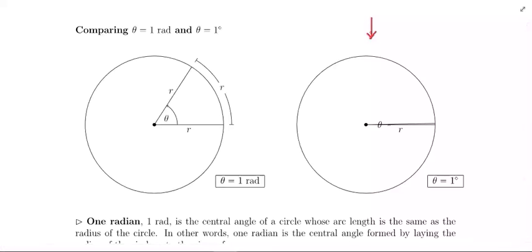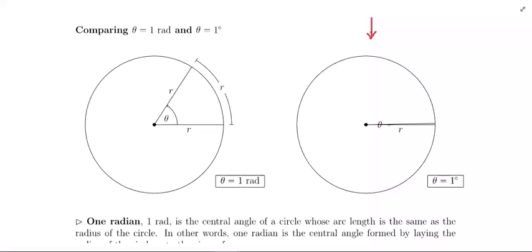No matter what the radius is, the circle is comprised of 360 degrees. If you took the full 360 degrees and divided it up into 360 equal central angles, one of those angles would measure 1 degree.